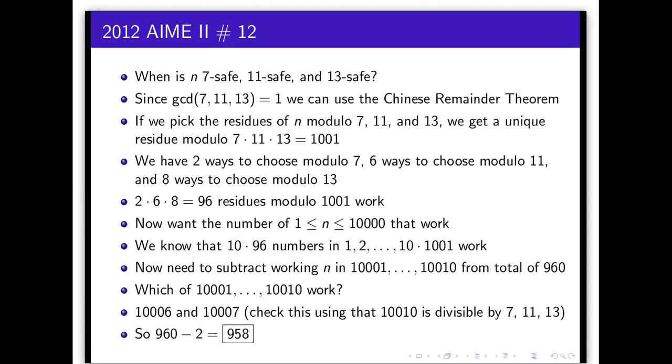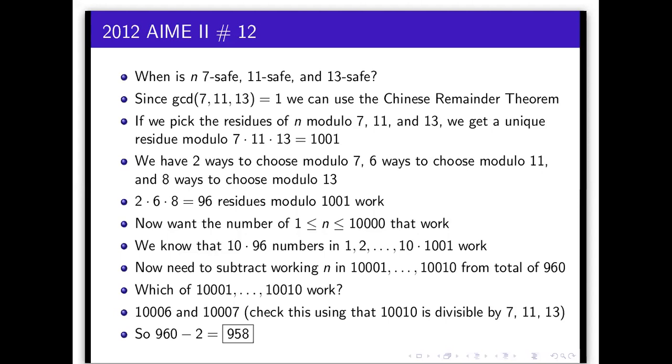So first, using the Chinese remainder theorem, we found that there are 960 integers from 1 to 10,010 that work. But we only want the number of integers from 1 to 10,000 that work, so we're overcounting. When I say an integer works, I mean it is 7 safe, 11 safe, and 13 safe.